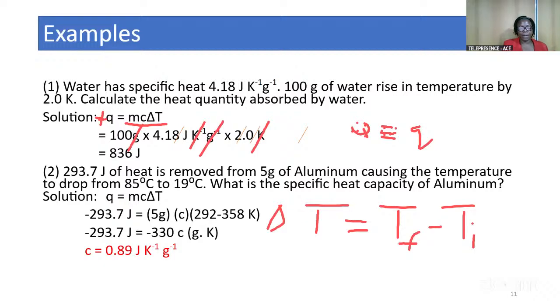This is the final and this is the initial. So delta T is T final minus T initial. By the time you do all of your substitution, you find that the specific heat capacity of aluminium will be staring at you, and the value is 0.89 joule per Kelvin per gram in this case.